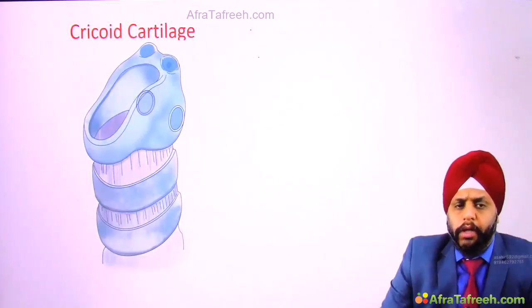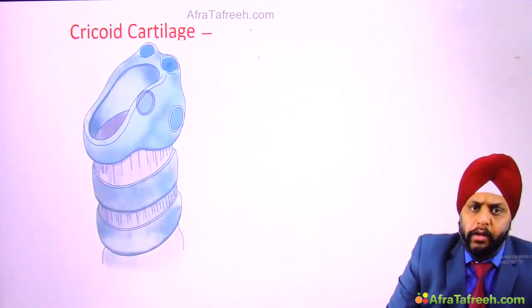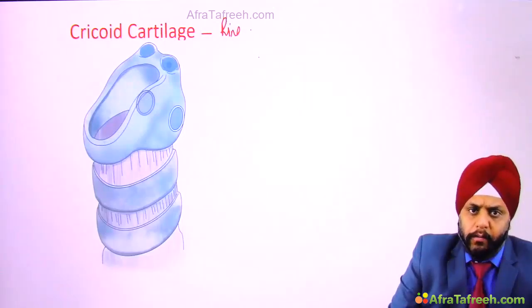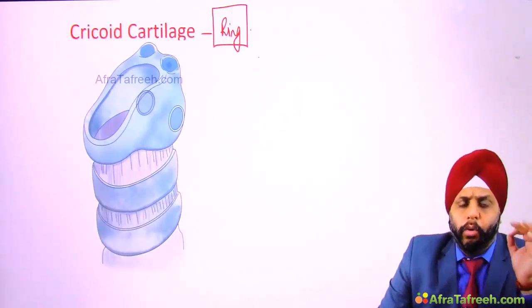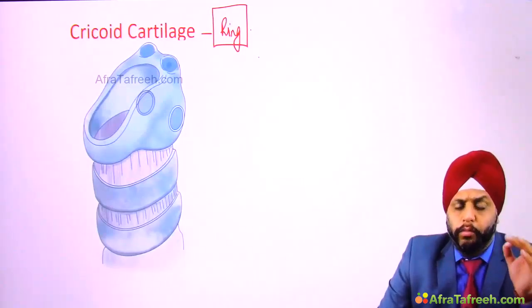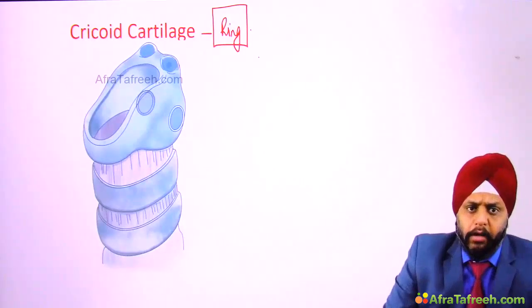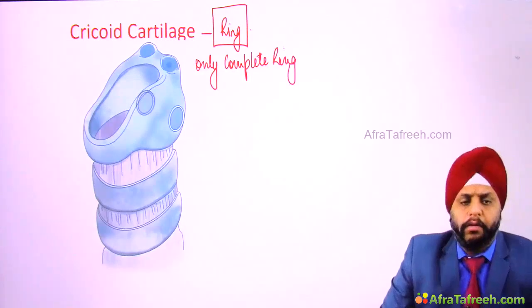Now what do you see over here in the cricoid cartilage? You see this cricoid cartilage is a ring-shaped cartilage. Okay, it's a ring. Now see, this is the only complete ring in the whole human airway. Okay, so this is important because this is the only complete ring in the whole human airway.